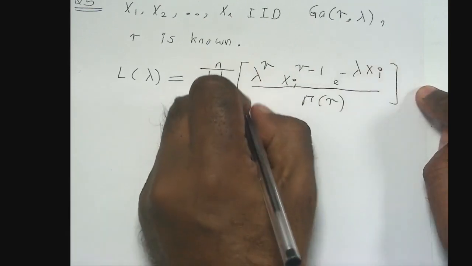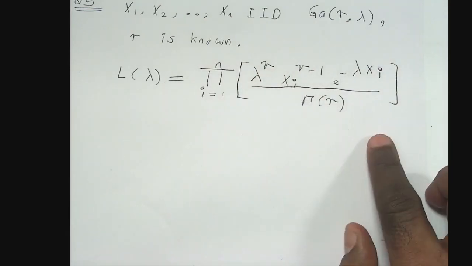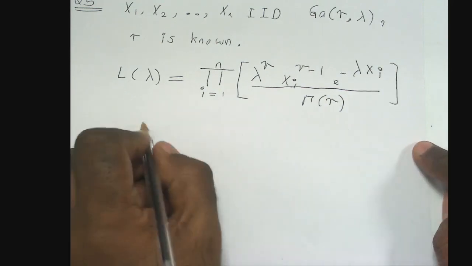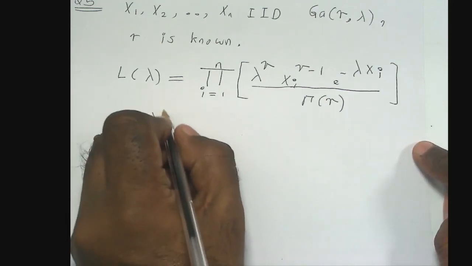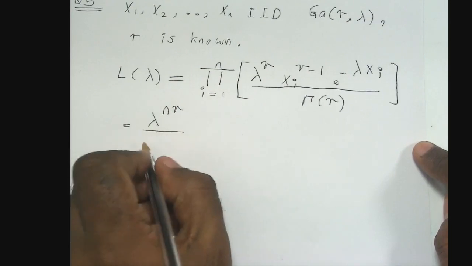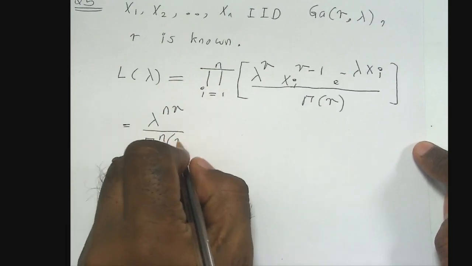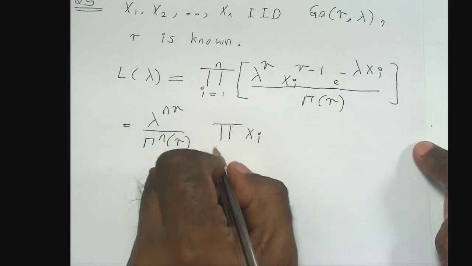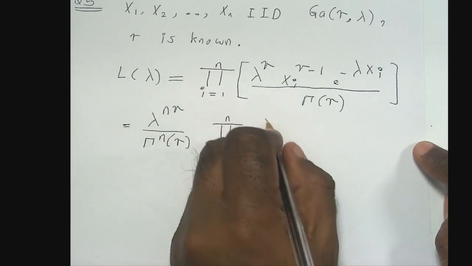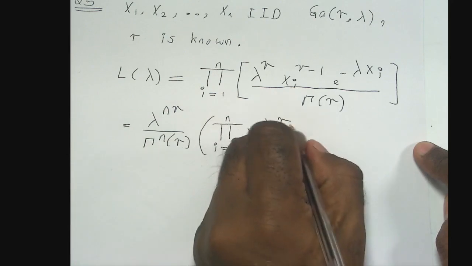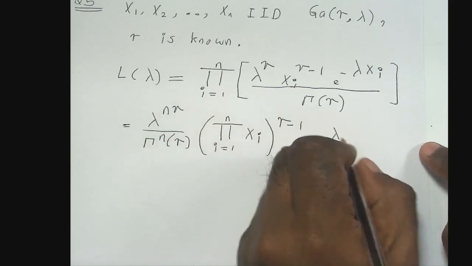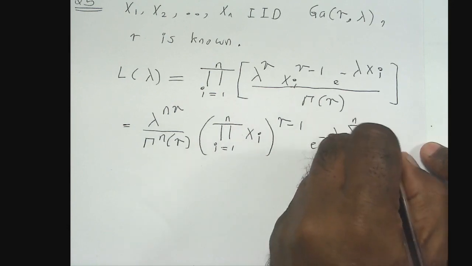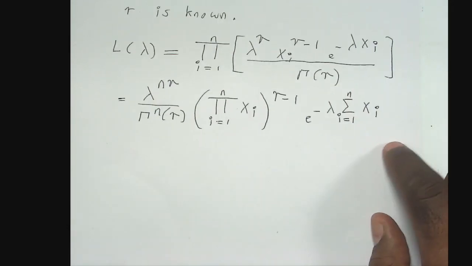This is by equation 35 in the lecture notes, guys. Now, if you simplify this, you get this, the simplified form of the likelihood.